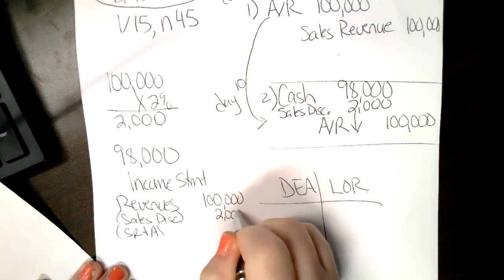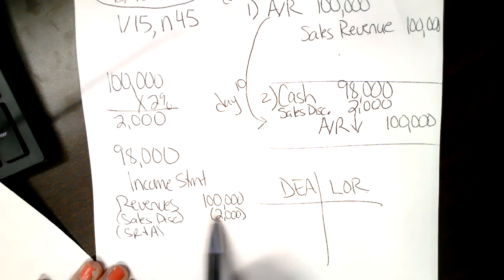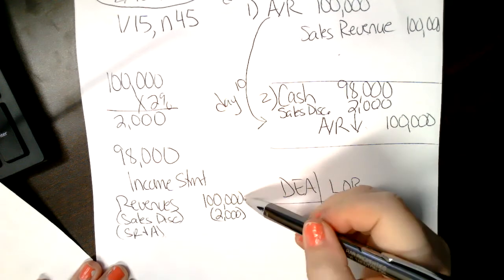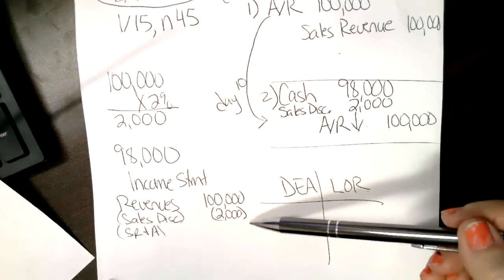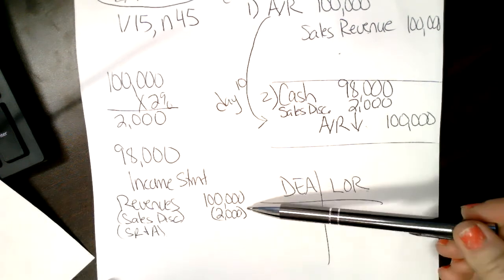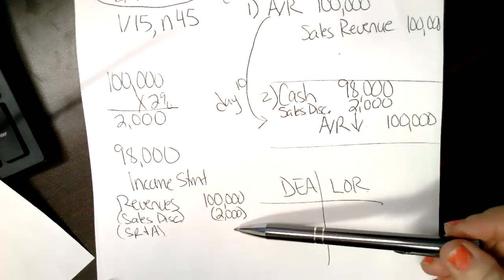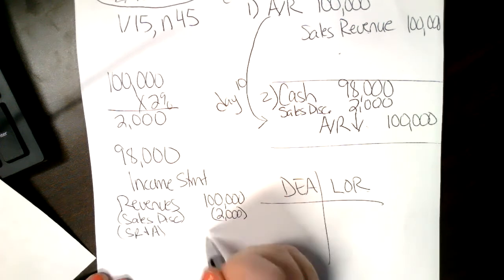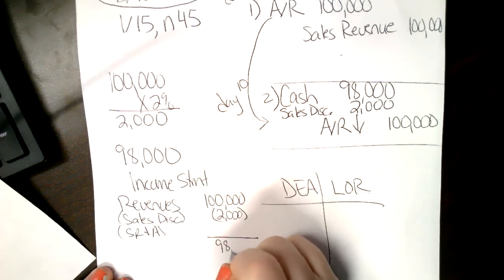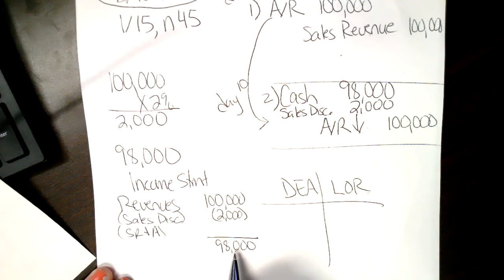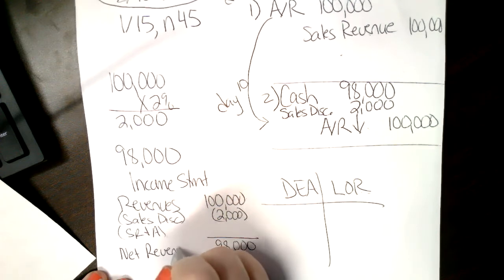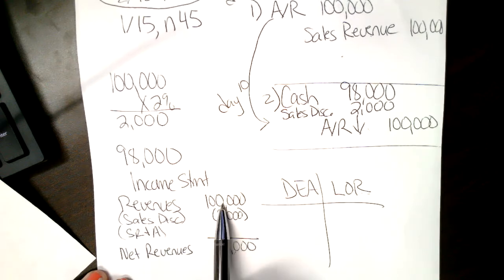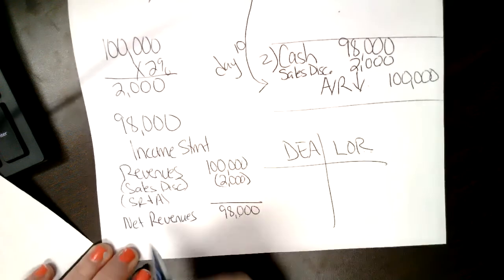Again, the only reason we put them in these separate accounts rather than just reducing revenues directly is so that a company like Nike can keep track of how much of a discount we are giving and how much we are having to accept in returns. And what is this $98,000 number called? It's called net revenues. So their gross revenues were $100,000, but their net revenues are only $98,000.